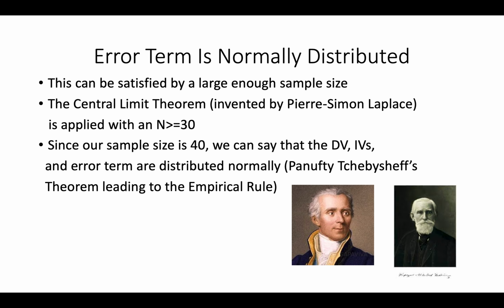We also have to thank, for this solution, the person in the far right photo on this slide for developing the empirical rule that governs interpretation of the normal distribution, Pafnuty Chebyshev, the 19th century Russian mathematician. Thus, we have satisfied all of the regression assumptions and sub-assumptions for our hypothetical model.